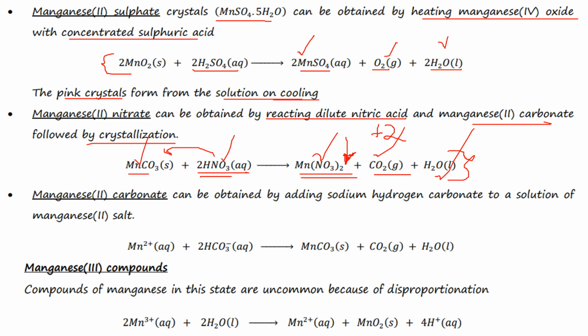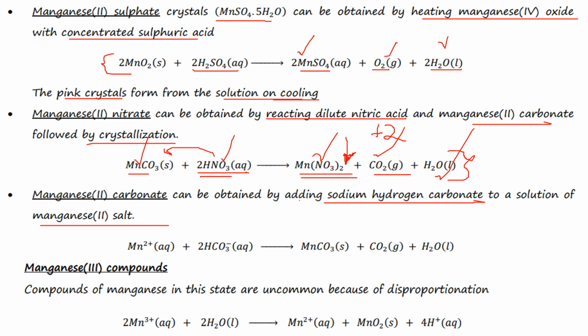Now here we are going to also look at manganese(II) carbonate, to be obtained by the reaction that you can call precipitation. You're going to say that manganese(II) carbonate can be obtained by simply adding sodium hydrogen carbonate to a solution containing manganese(II) salt.